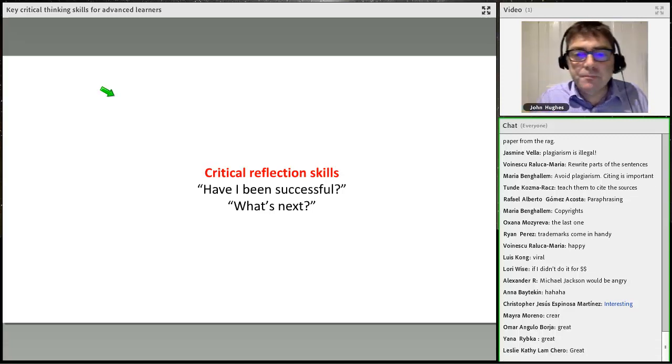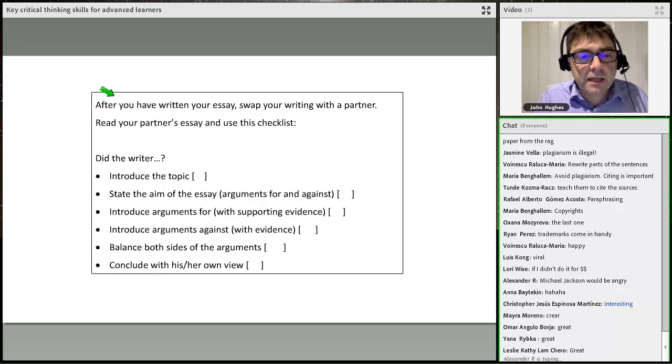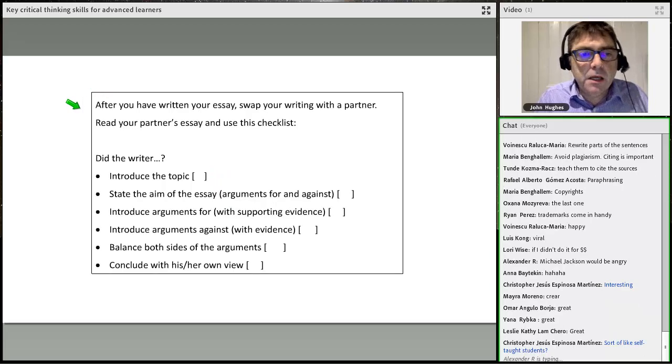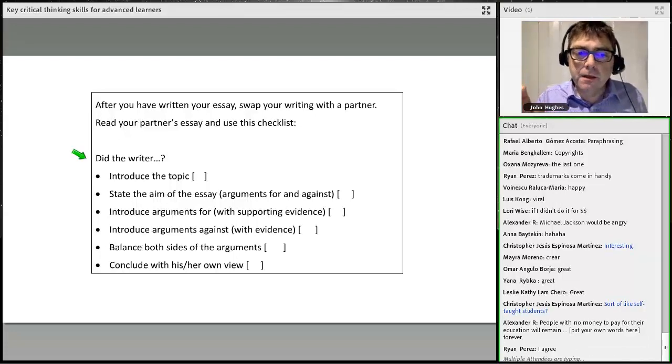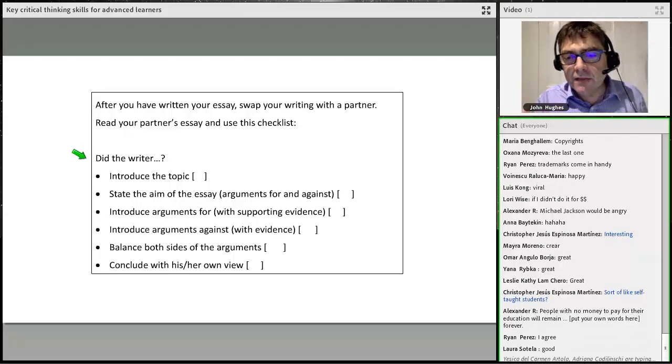Very quickly, a simple way of doing this is, for example, if you ask students to write an essay, I would typically then ask the students to swap the essays over and use this checklist to evaluate each other's work. This particular checklist is aimed at getting them to focus on the structure of a for and against essay and to check that it contains evidence and so on.